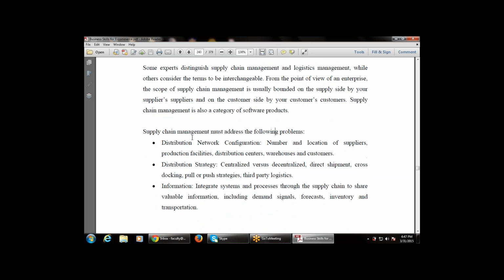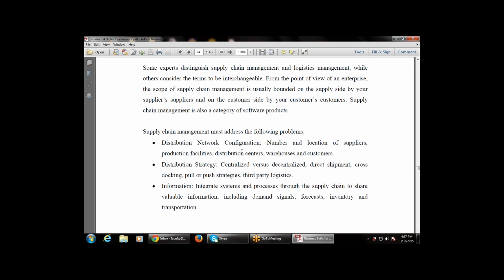Now, what are the various problems that must be addressed by supply chain management? First of all, distribution network configuration.